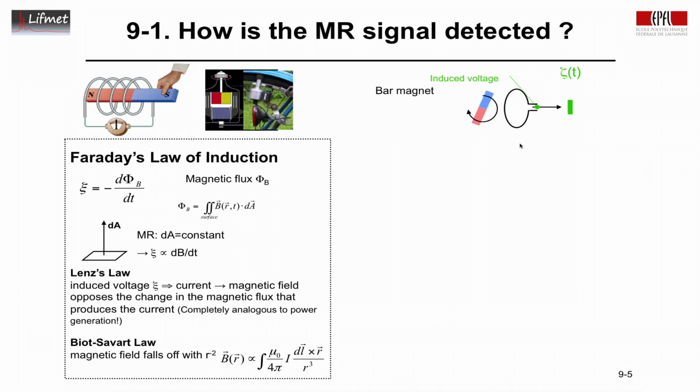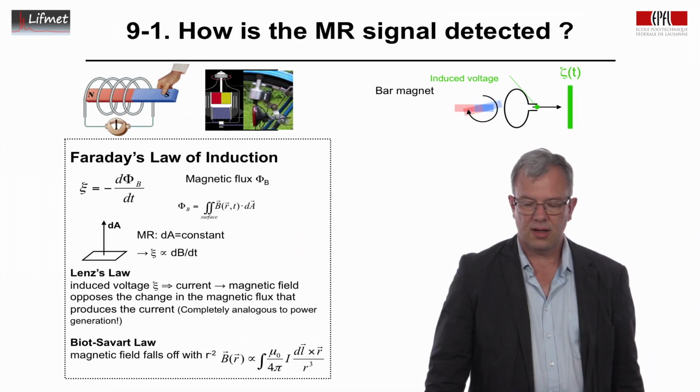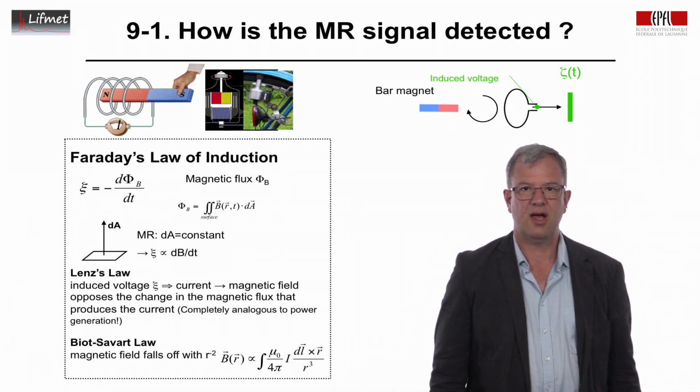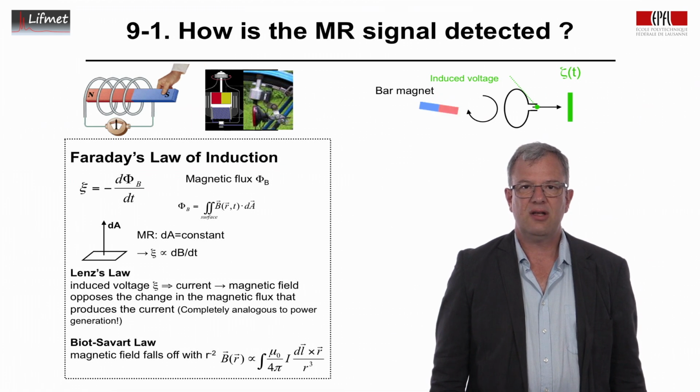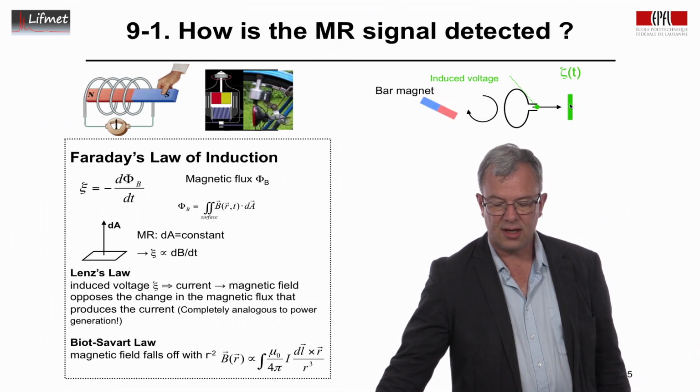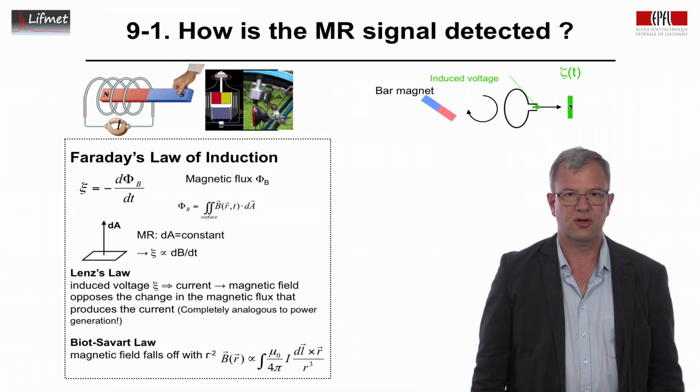And now as I rotate this magnet, the voltage changes periodically. Now, if I increase the distance of the magnet from the coil, what happens? We still have the induced voltage, but due to Biot-Savart's law, we are getting a reduced induced voltage.